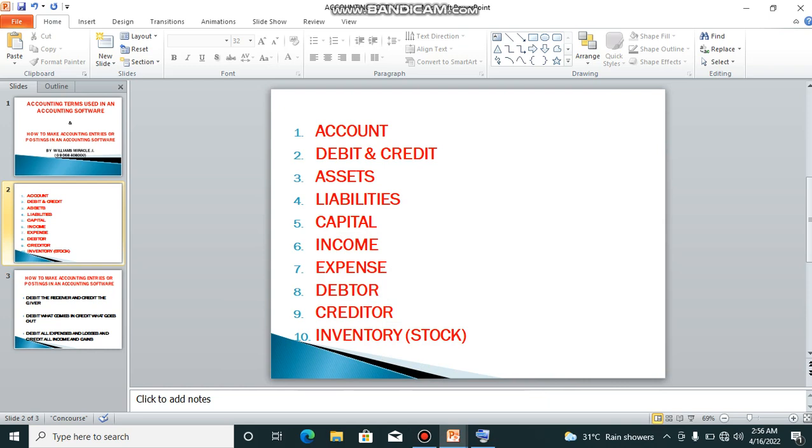A creditor is a person or business to which a business owes money. Inventory refers to the goods lying unsold on a particular date, and the stock can be either opening stock or closing stock. Opening stock is the stock lying unsold at the beginning of the accounting period, while closing stock refers to the stock lying unsold at the end of the accounting period.